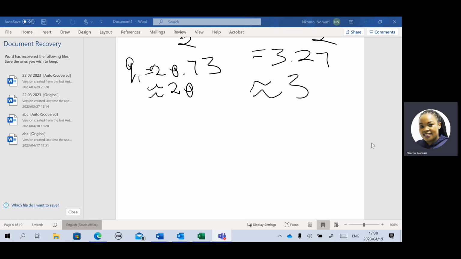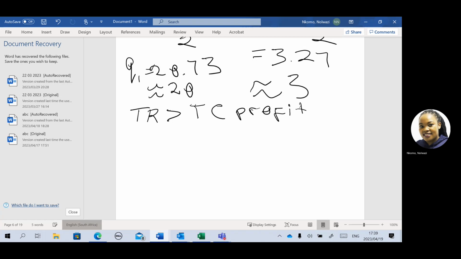And again, you can find the points whereby the profits will be made. And you know that profits can only be made when the total revenue is greater than the total cost. Okay, this is profits made. You can use this condition to find the points where the profits will be made.